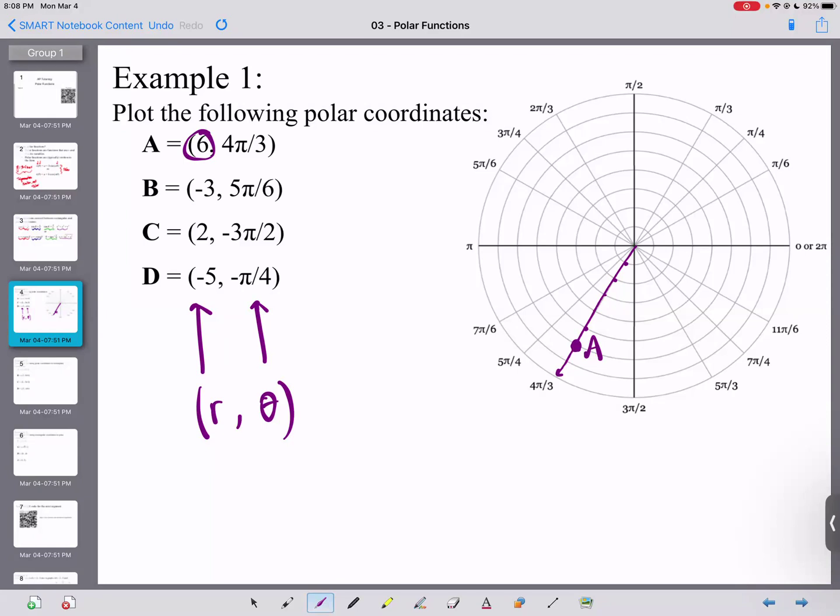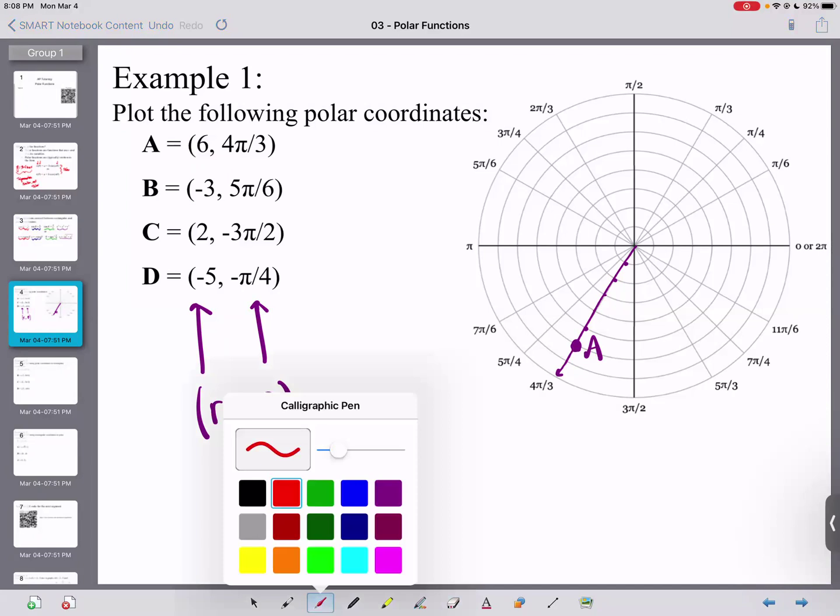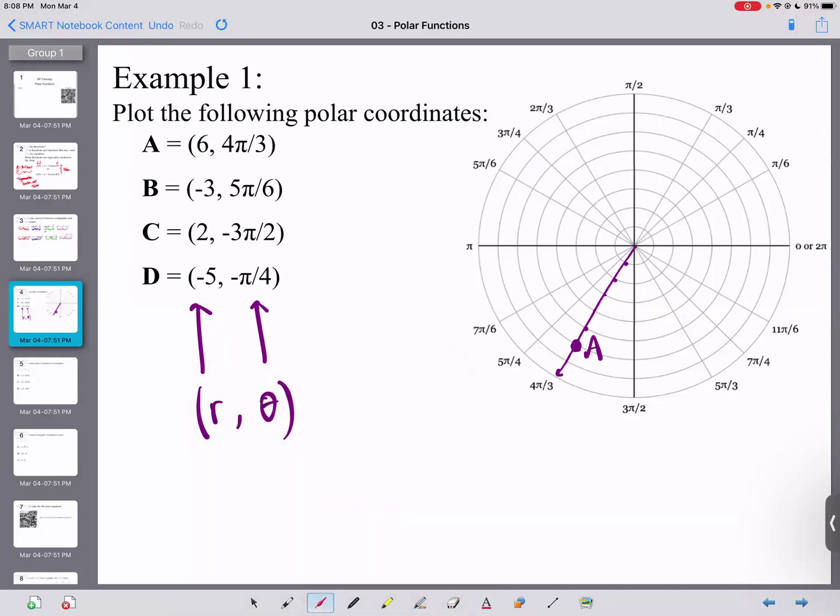Now, how this can start getting confusing is when we start throwing in negatives. We're so used to it all our lives when we've dealt with coordinates in the form x comma y, that a negative for the x means go left and a negative for the y means go down. But that's not necessarily the case in polar.